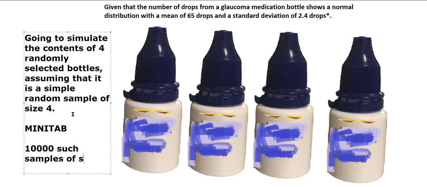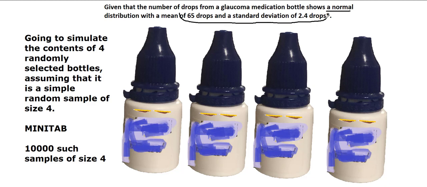For the simulation, we take a normal distribution with a mean of 65 units and a standard deviation of 2.4 units, and take 10,000 such samples of size 4.